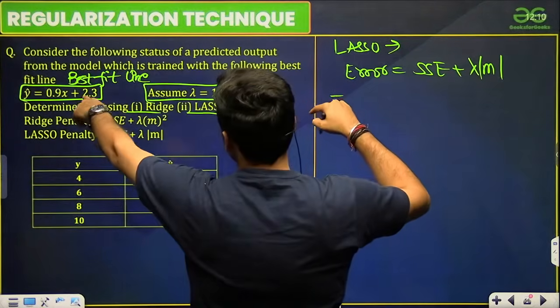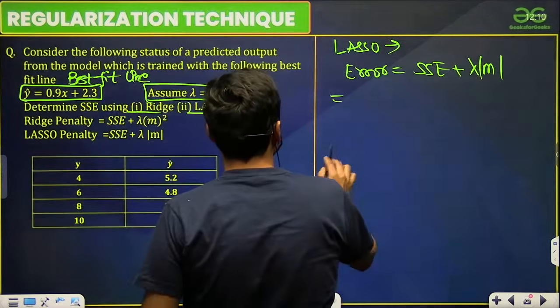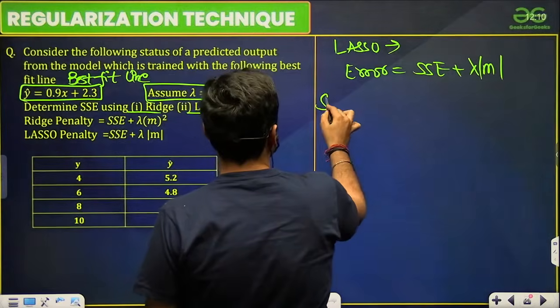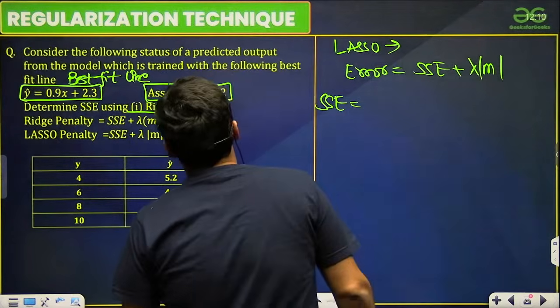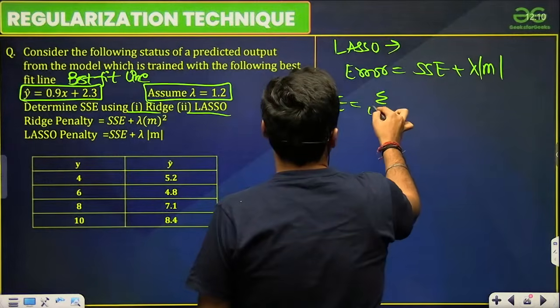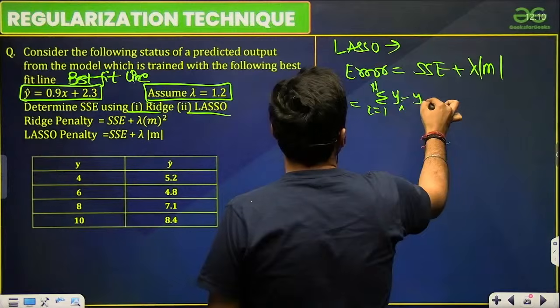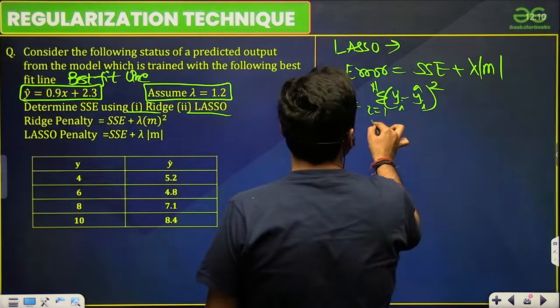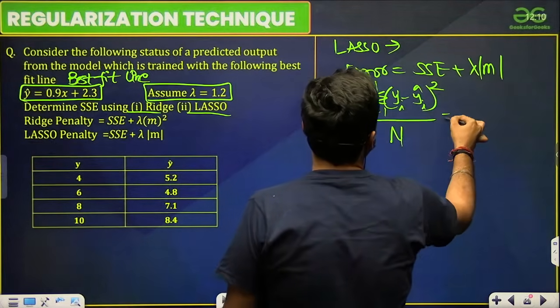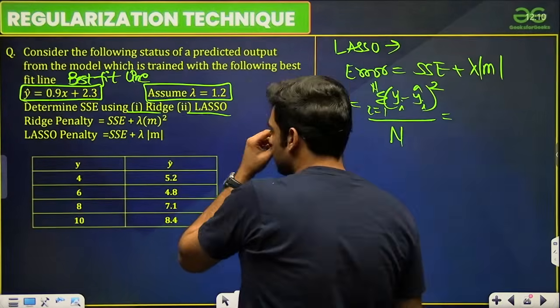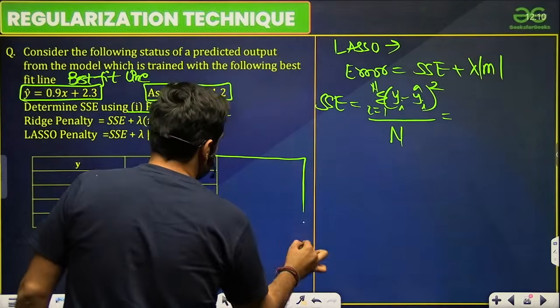So what is the sum of squared error? Firstly, you should calculate the SSE value, which is the summation of i equals 1 to n of yi minus yi hat whole square, divided by n. I'll complete the table.